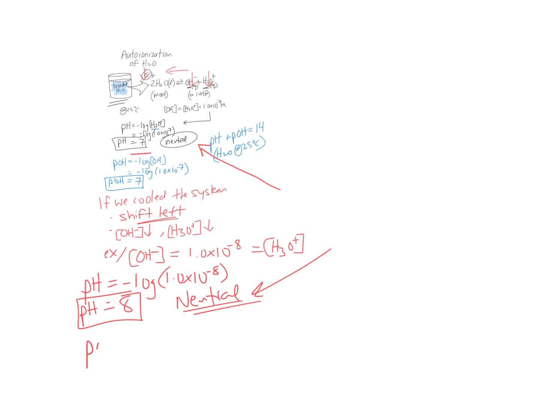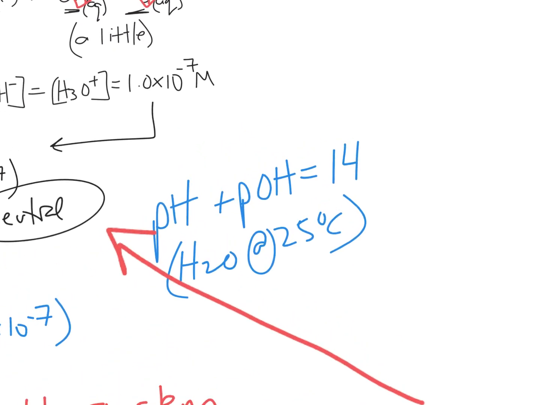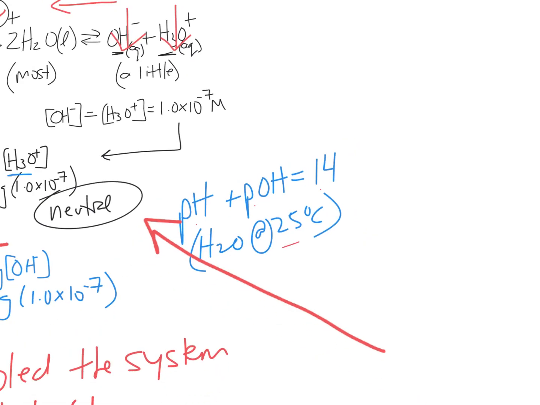What it's tied to is the concept that the concentration of hydronium and the concentration of hydroxide are the same, so it's neutral. They aren't necessarily both 7 all the time. They're only both 7 at 25 degrees Celsius. And so pH and pOH equaling 14 is specific to being at 25 degrees.